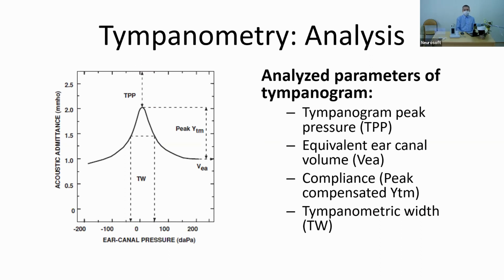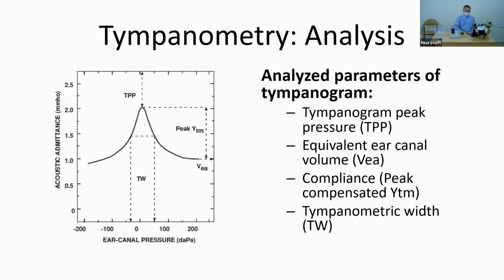And the main values which we analyze in addition to the tympanogram in this test are the following. Tympanogram peak pressure, which is also shown on the picture on the left. So it is pressure at the peak of the chart.